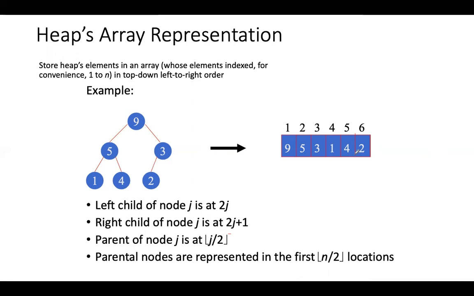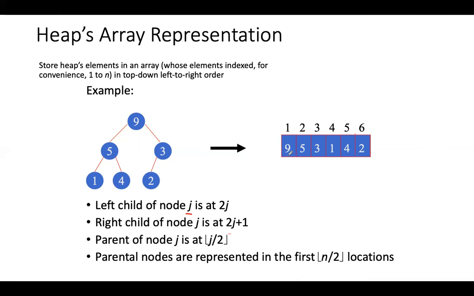Now, can you identify where a particular node's children are present, where its parent is present? Okay, in a heap, you can follow this formula. If you are at the node J, its left child will be present at the location 2J, and its right child will be present at the location 2J plus 1.